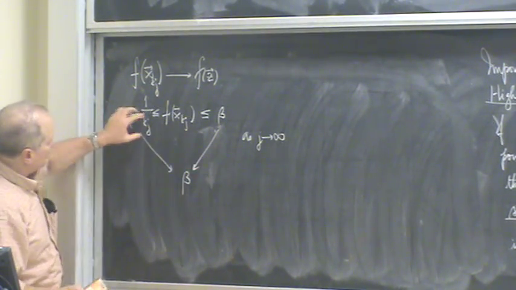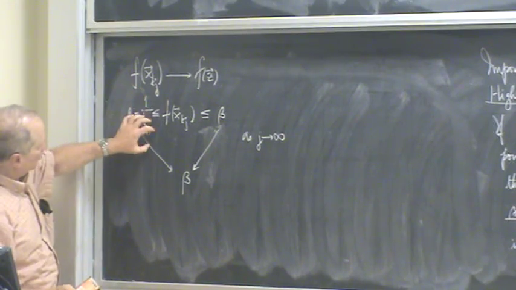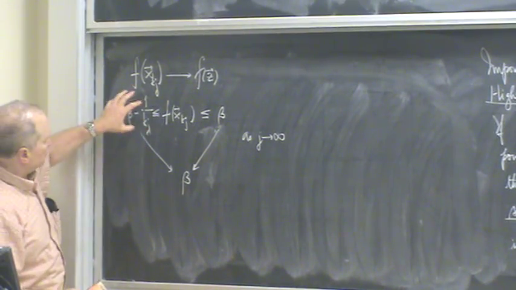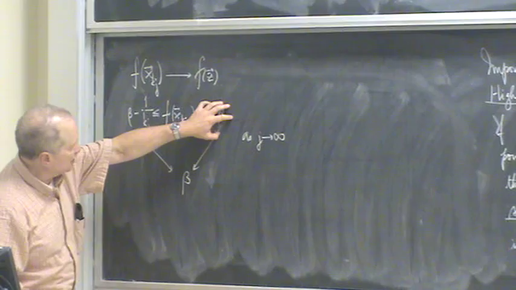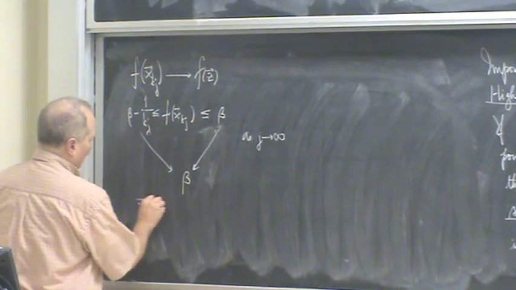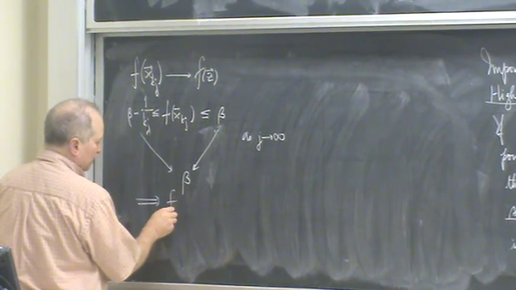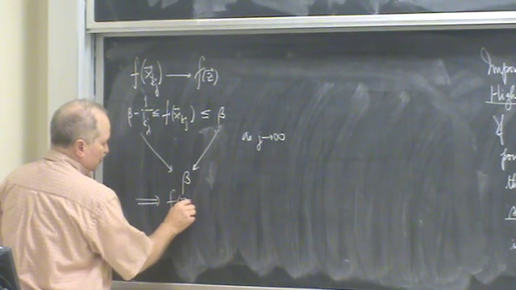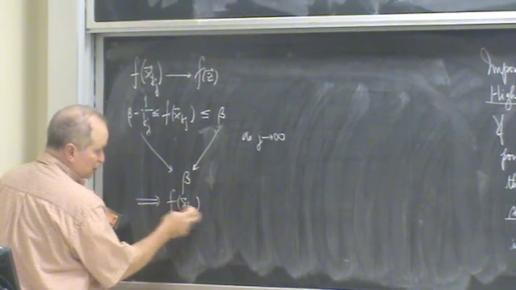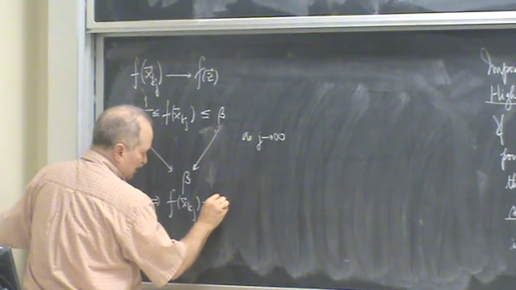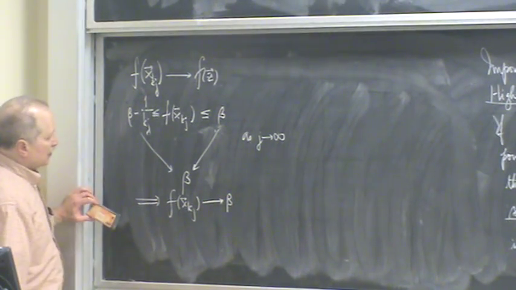As j goes to infinity, k sub j goes to infinity, the reciprocal goes to 0. So this is approaching beta, this is beta, so it follows that the limit of the values of the function at this sequence of points is in fact beta.